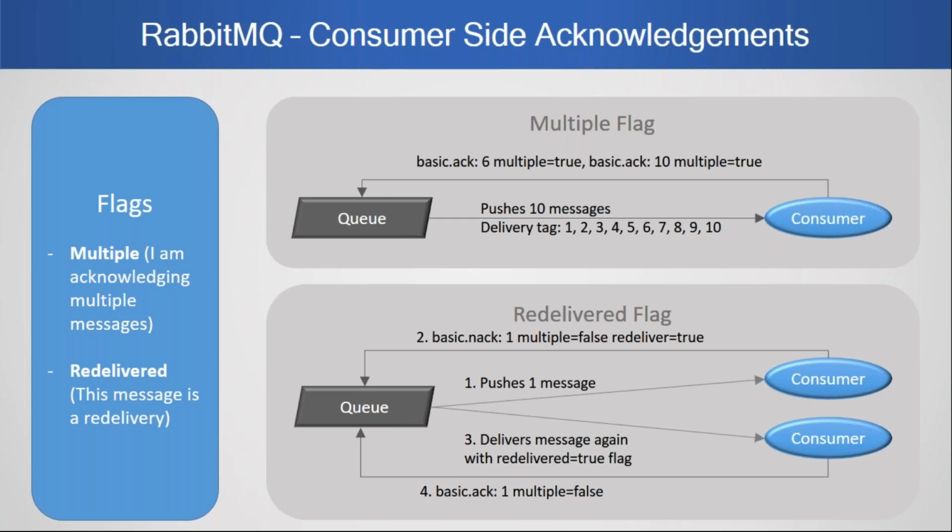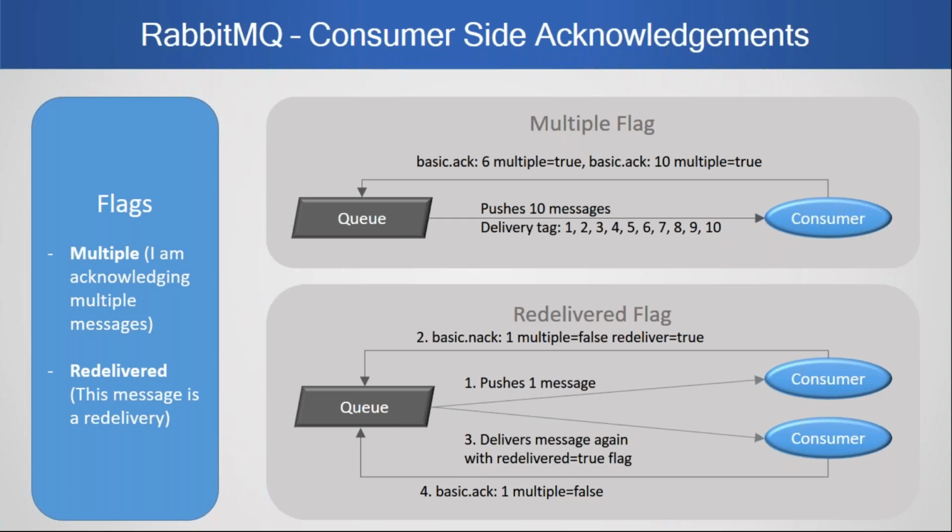So just like with the publishers, we have a monotonically increasing integer, which is identifying the messages. But instead of it being called the sequence number, it's called the delivery tag. Now the redelivered flag is set on the message by the broker. So what happens is, let's just say the broker pushes a message to a consumer.